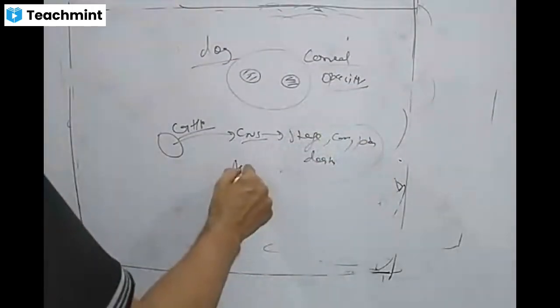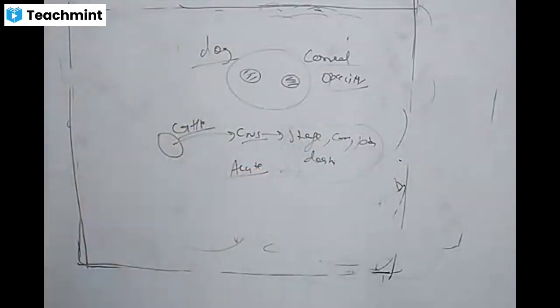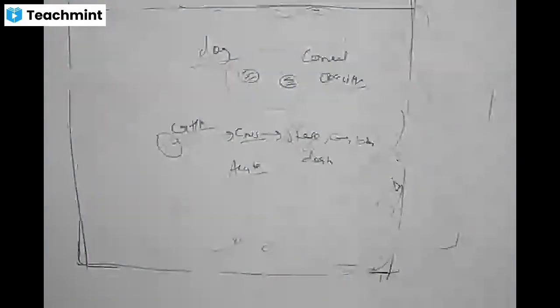These acute form signs were asked in 2019 in our PSC exam. These are the signs in the acute phase of trypanosomiasis in case of cattle. So these are some nervous signs.